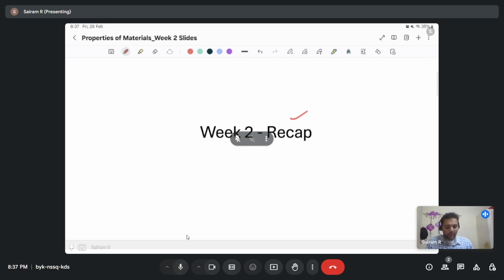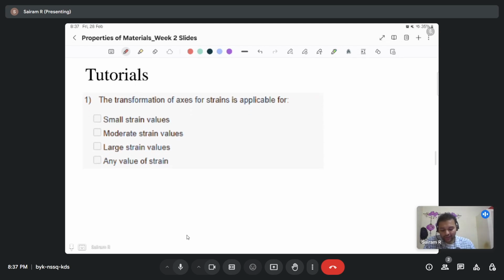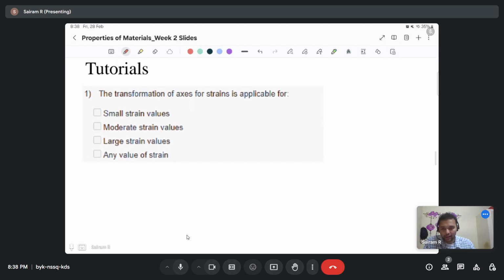Let us continue with this week's tutorial session. The transformation of axis for strains is applicable for small strain values, moderate strain values, and large strain values, or any value of strain. This was discussed in the sixth and seventh lectures of this course, where the transformation of axis is applicable only for very small strain values. Say this is theta, this is delta, L naught.